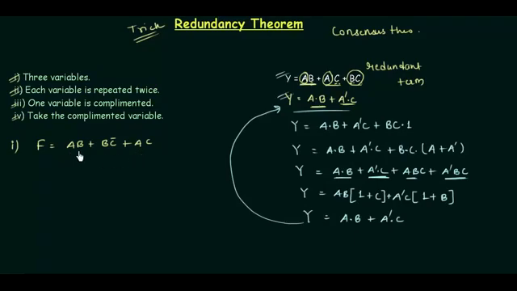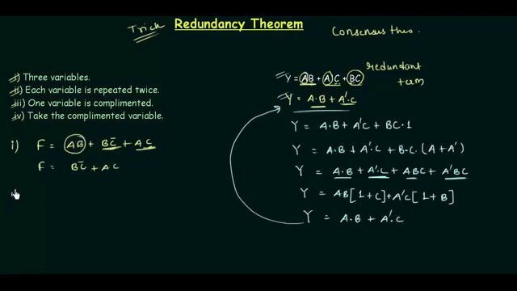A, b, b, c complement, c. The third case is one variable is complemented and c is complemented, whereas b and a are not. Take the complemented variable, so the reduced function will be bc complement. We have to take the complemented variable, that is c. So we have bc complement or ac. A and b is omitted.